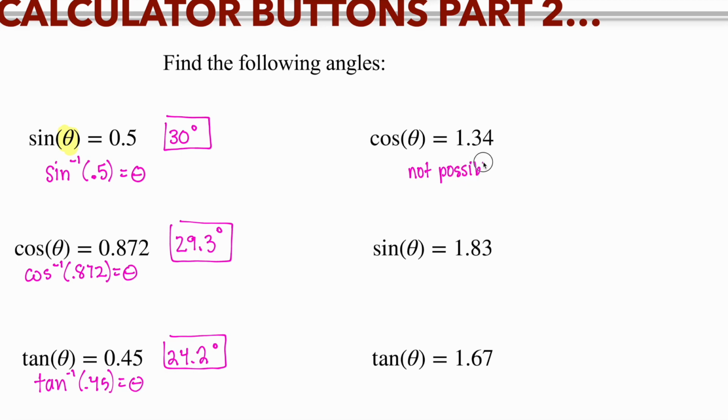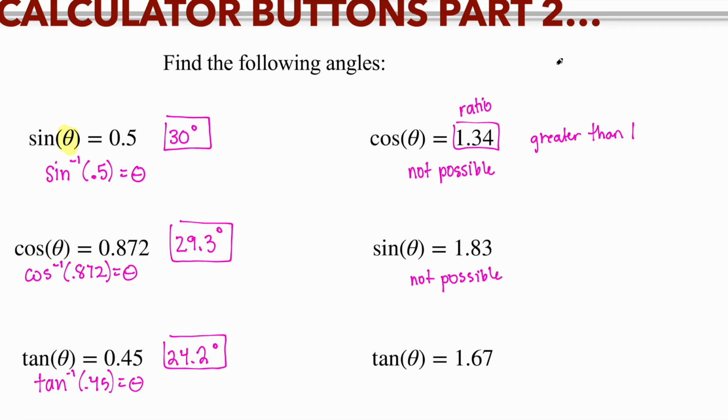For cosine and sine, you cannot have anything greater than 1. So the ratio right here has to be less than 1 in order for you to find an angle.